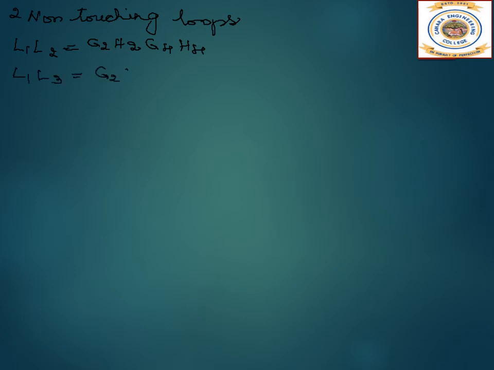That's how they become non-touching loops. G2, H2, G5, H5. L4, L2, H1, G4, H4. L4, L3, G5, H5, H1.